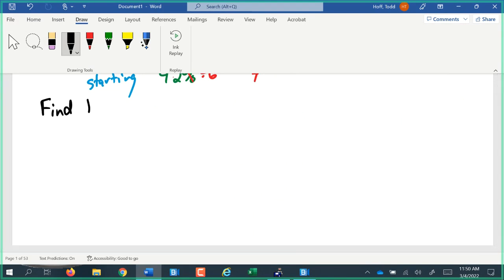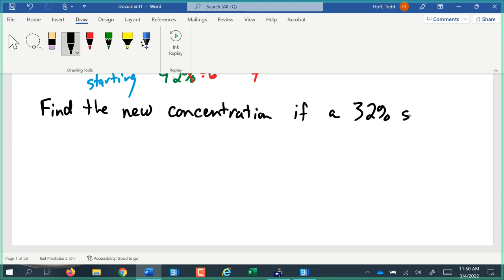Similarly, we might find the new concentration. If a, let's go 32% solution is used in a 3:8 dilution.